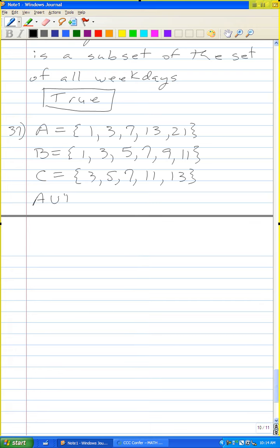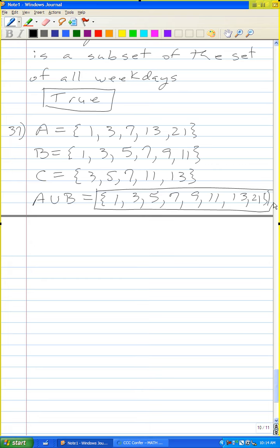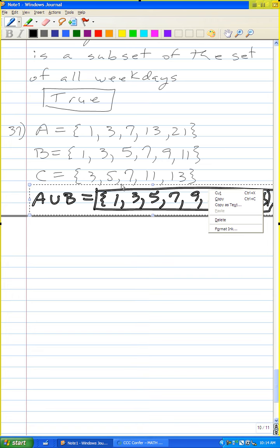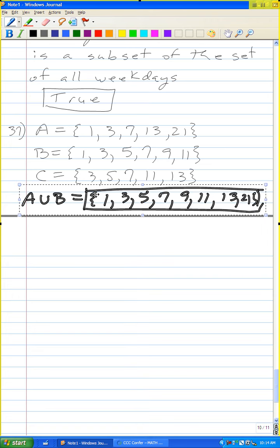Let me do part A, which is A union B. Let's see what is in either A or B. So 1, 3, 5, 7, 9, 11, 13, and 21 are in set A or in set B. Let me move this over a little bit so I can fix that.